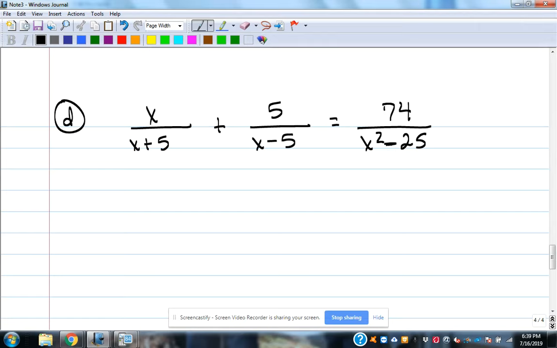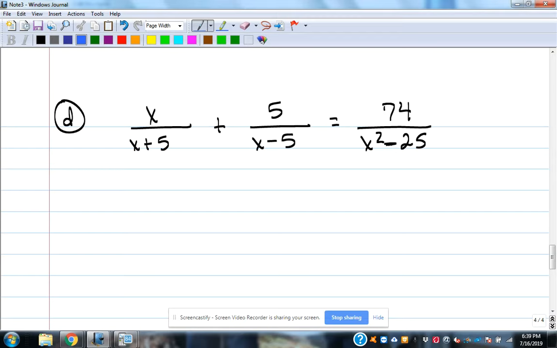All right, so not too bad here. You got some plain stuff on two of the fractions. You got x plus 5 and an x minus 5. So there's nothing to do with those two. But the x squared minus 25, that third fraction has got an x squared on it. So that makes me think, hey, I could probably factor that some way, shape, or form.